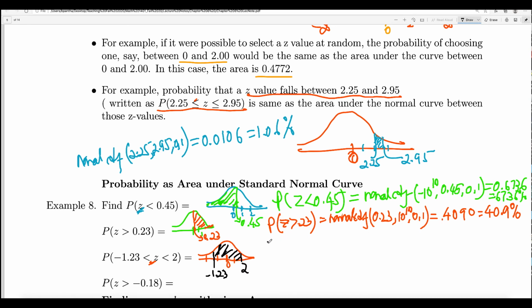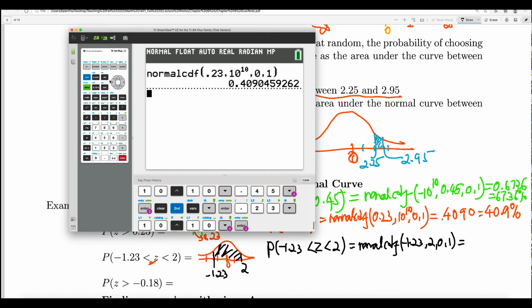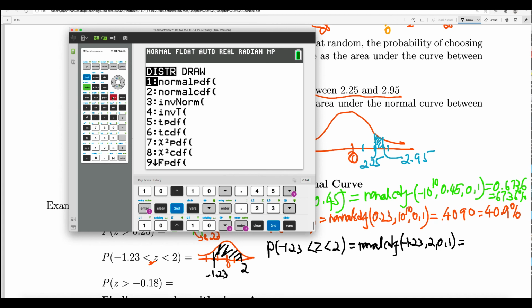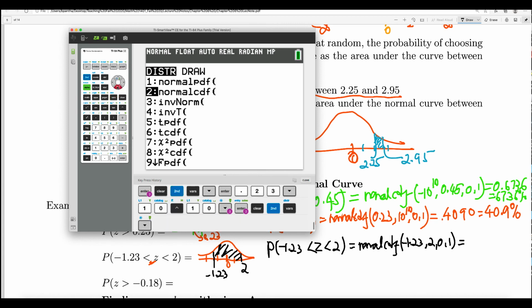So the probability that negative 1.23 is less than G is less than 2 is equal to, just use normal CDF. Normal CDF needs the left bound, which is negative 1.23, right? The right bound is 2, and then 0 and 1 because we are doing the G distribution, right? So let us use the calculator for this. You do 2nd, DISTR, and then normal CDF, right?